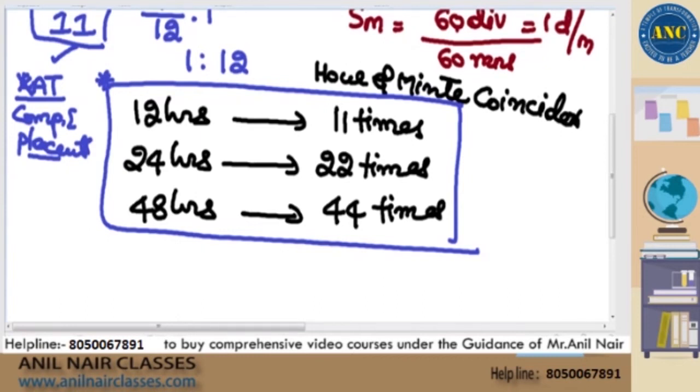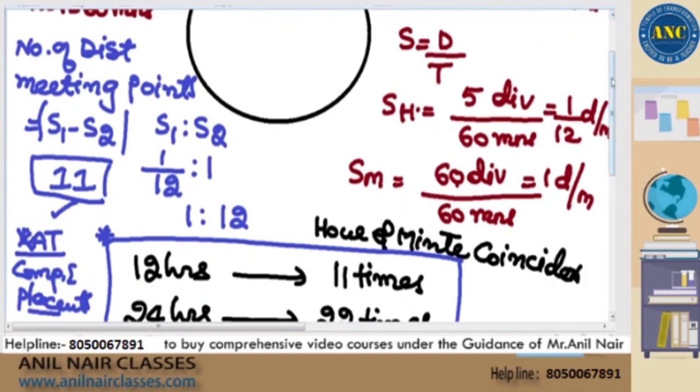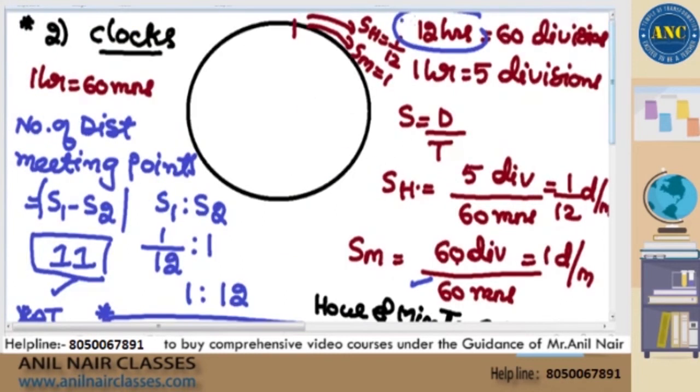Now, speed of minute hand. If you see the minute hand, 60 minutes are there: 1, 2, 3, 4, 5. For every 1 minute it will go to the next division.